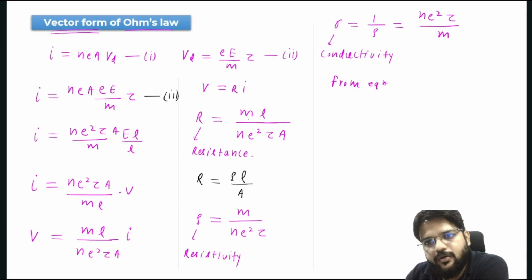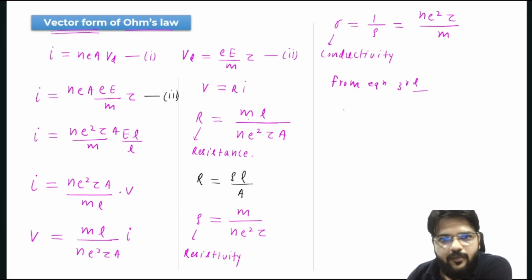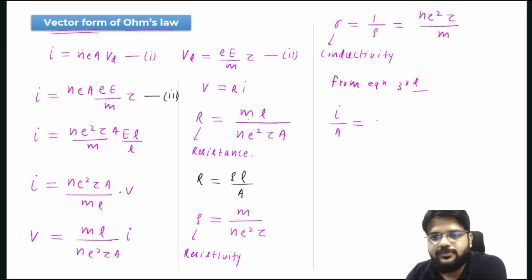From equation third, see it, what we have, I equal to nA e by m into tau. So can I write like this? I by A equal to ne square E by m into tau, correct? Can I write like this?